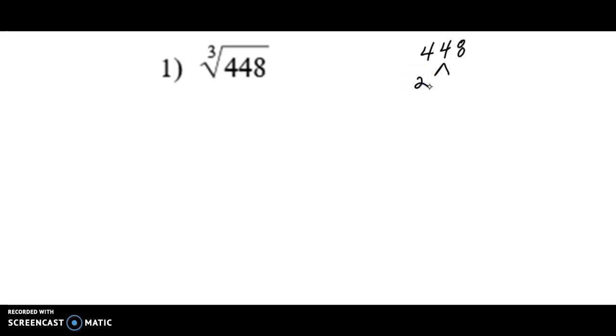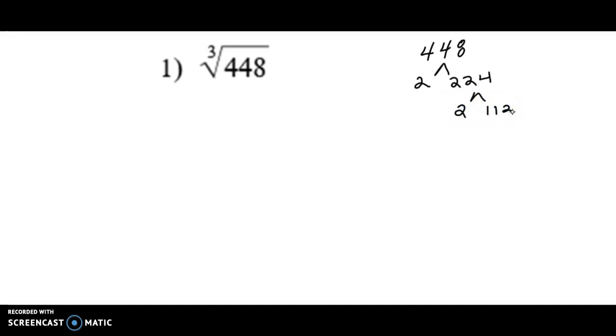So if I take 448 and I divide it by 2, I'm going to get 224. 224 is still even, so I'm going to go ahead and divide by 2 again. 112.